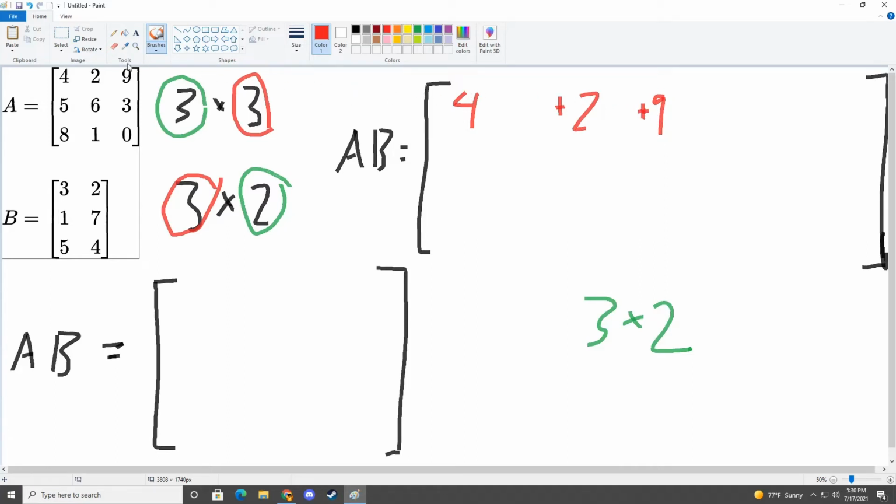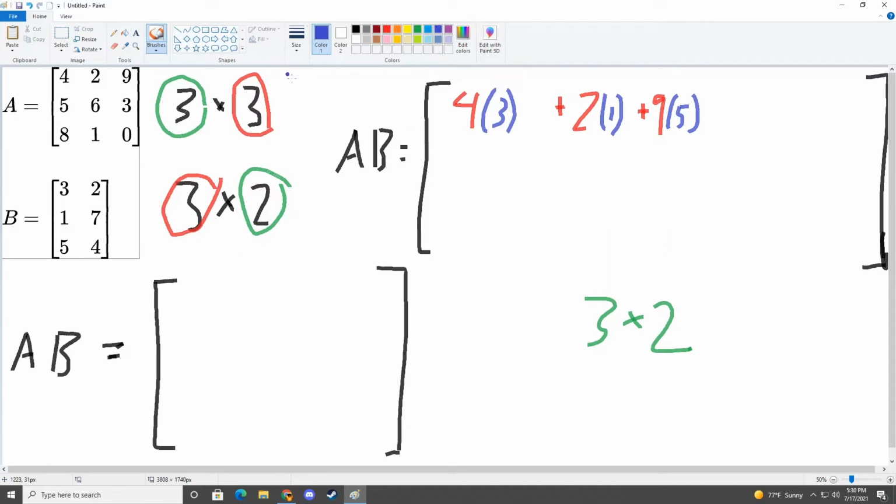And then to multiply, we'll take the column of matrix B, and that's going to be 3, 1, and 5. So 4 times 3, 2 times 1, and 9 times 5. We would basically just multiply these together and then add them, and that would give us our first value for AB.